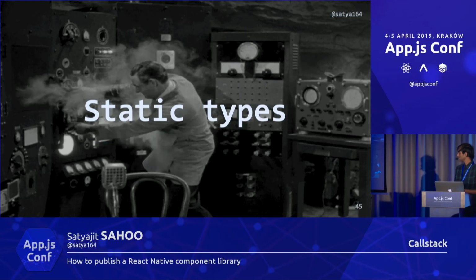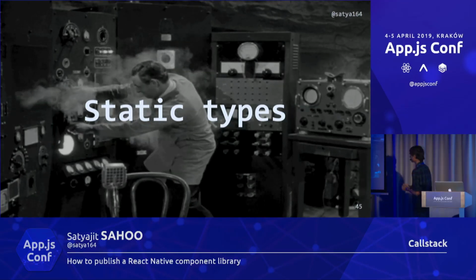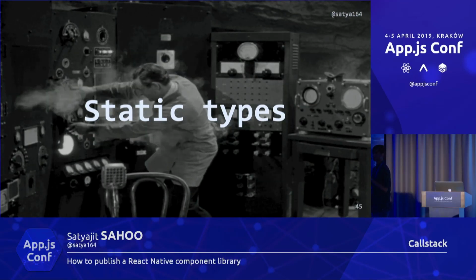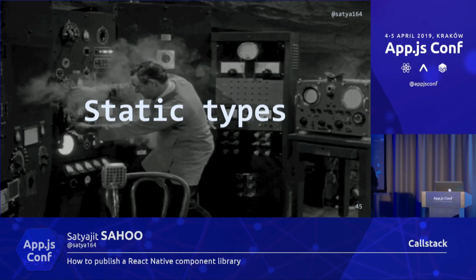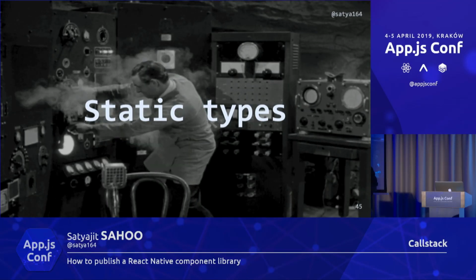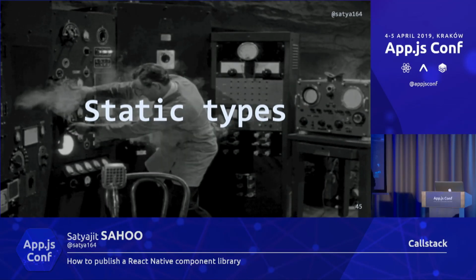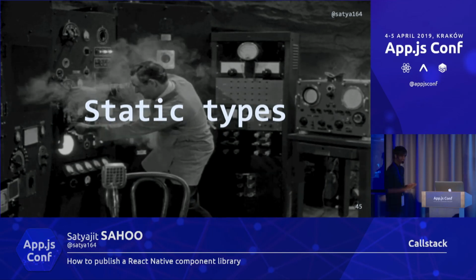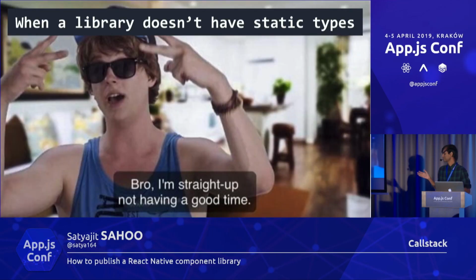OK, next, static types. So how many of you use static types, like Flow or TypeScript? Oh, very few people. More people should use it. This is my feeling when I see people who don't use static types. It's awesome, because when you have static types, you get autocomplete, you get error checking.